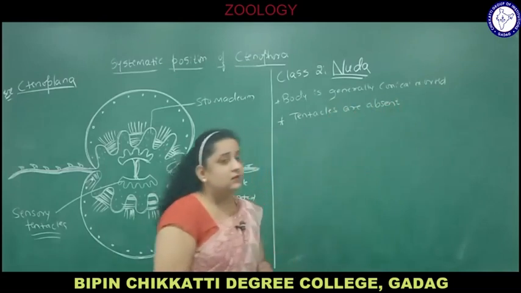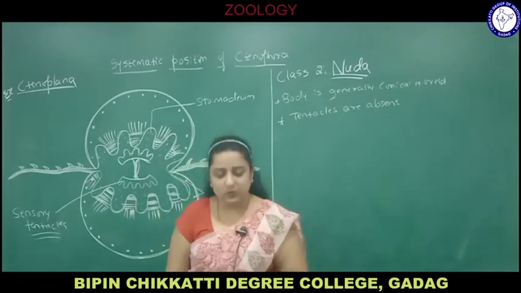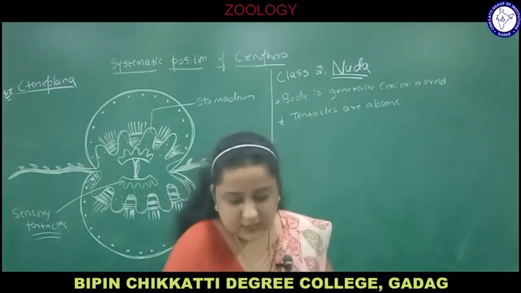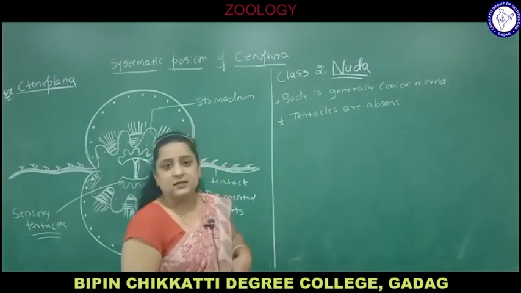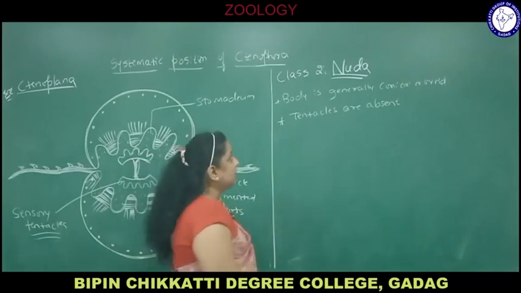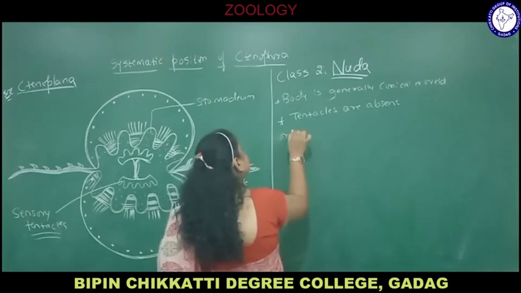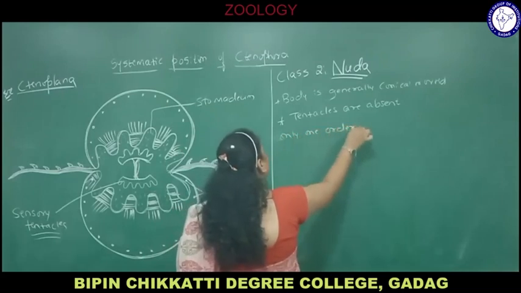So they are placed under class Nuda. The animals without tentacles under phylum Ctenophora are placed under the second class, that is Nuda. Or you can say the animals coming under class Nuda are without tentacles, and class Nuda has only one order, a single order.